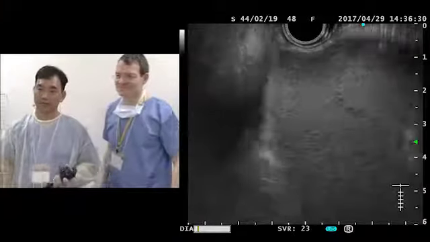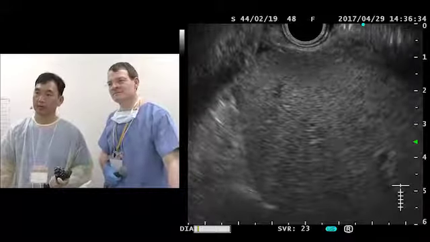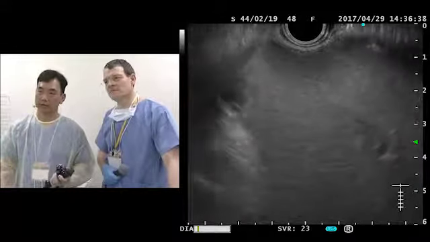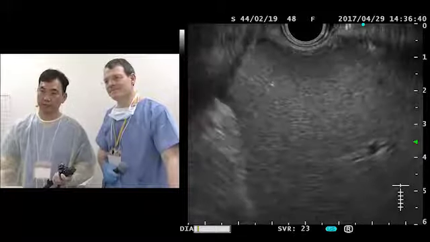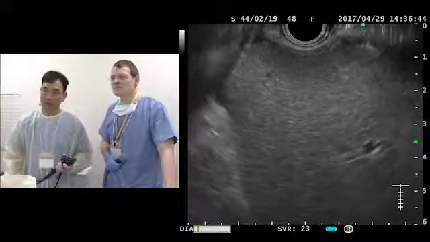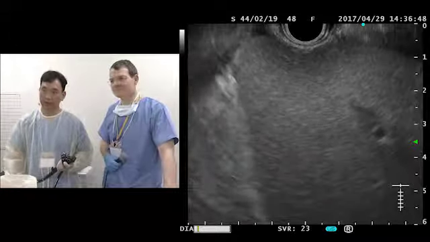Welcome back. One of the key features I wanted to show you was the liver parenchyma. It's a little bit echogenic, and the liver edge is quite round. So we're suspecting that her alcohol consumption has a lot to do with the temporary elevation of liver enzymes, maybe alcoholic hepatitis.